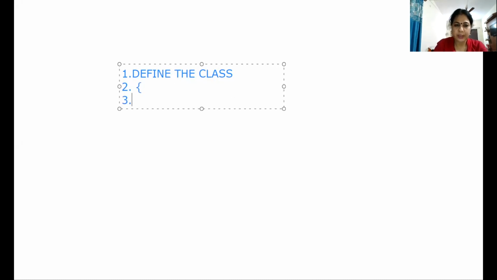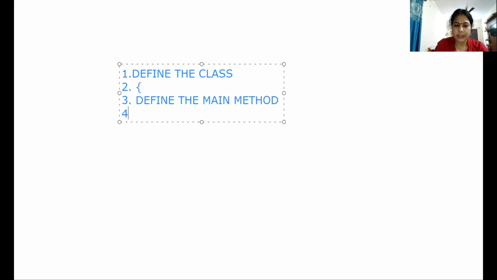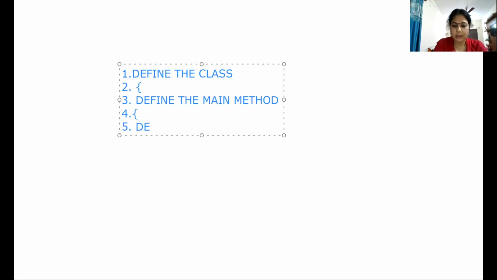Third, define the main method. Okay. Then give the curly braces. Okay. Then define and initialize the variables.